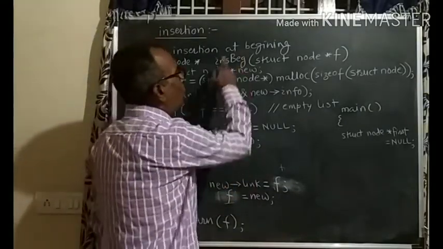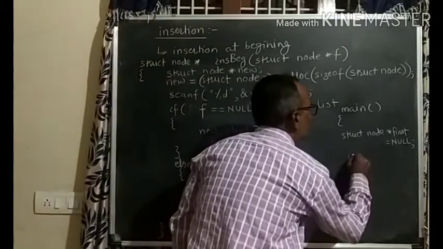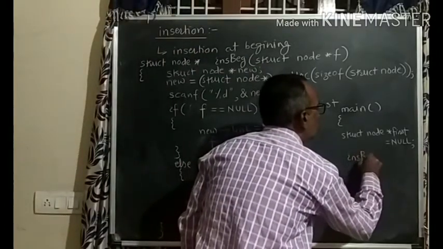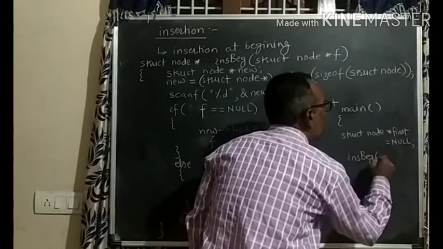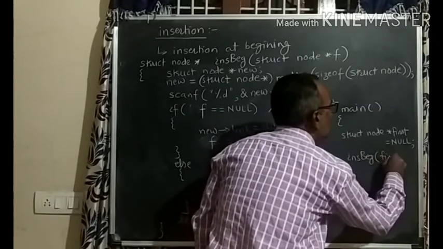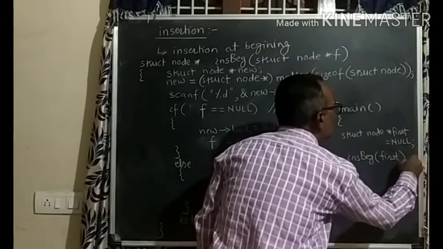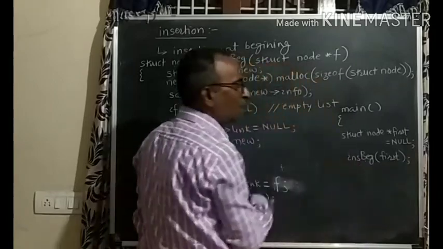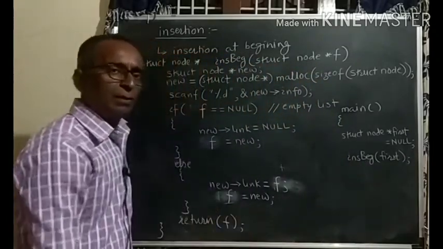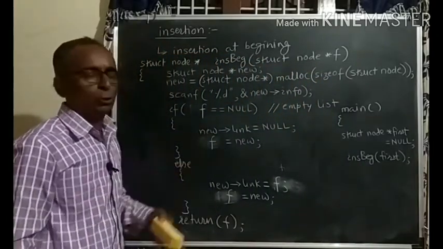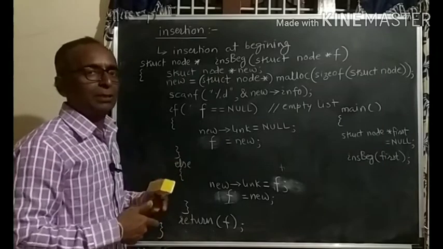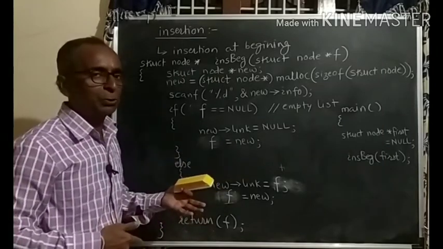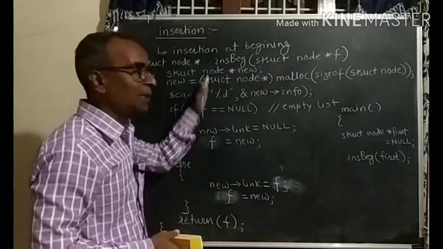Now whenever I call this function insert beginning and I am sending the first node's address, it returns me the address of the first node, because after insertion there is a change in the first node's address made by this function.